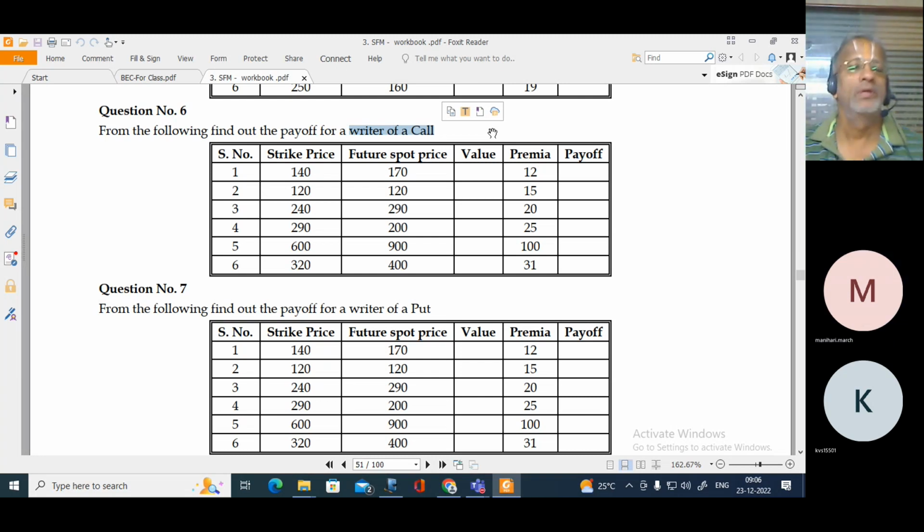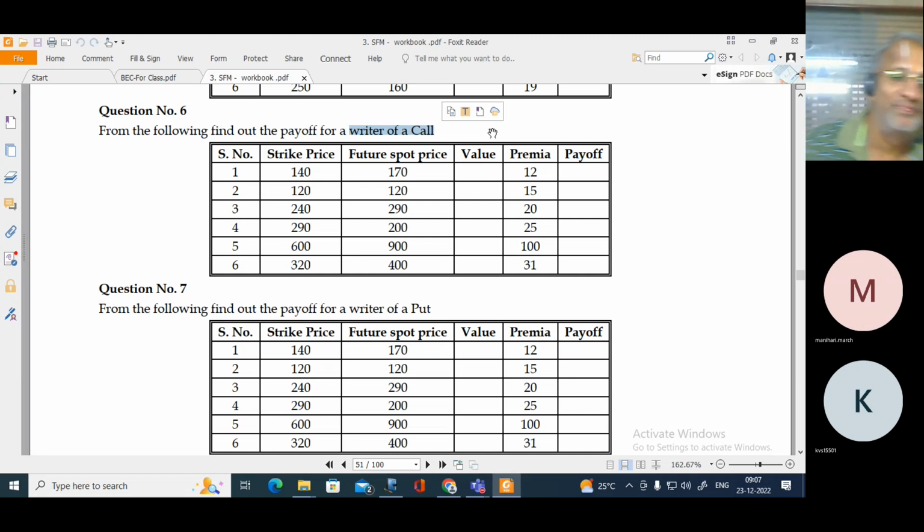Number one, in this particular case, we have to talk about the writer of the call option. How do we do it for the writer of a call option? I will give you a technique. Think for a moment that you are doing it for the holder of the call option, but you have to make a sign change everywhere.